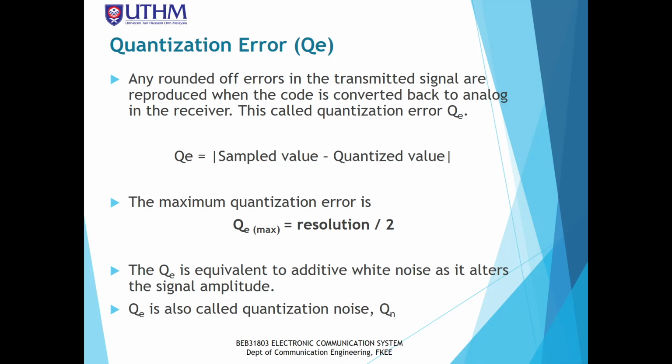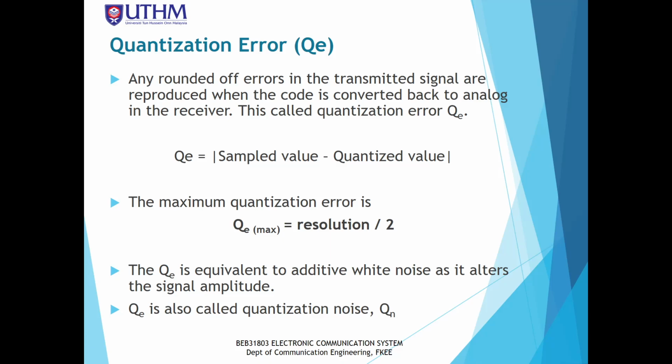The quantization error is measured as the modulus of the sample value minus the quantized value. This is how much we increase or decrease the sample to the nearest quantized level. According to this, the maximum quantization error is the resolution divided by 2.